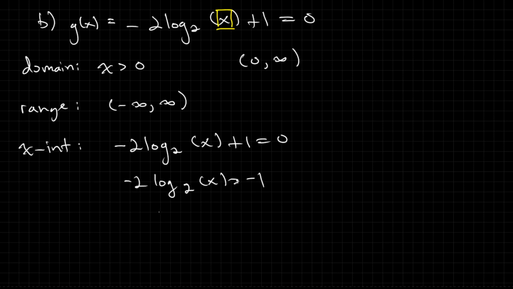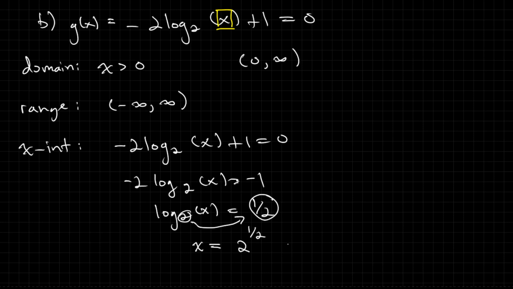And then dividing by negative 2, I get log base 2 of x equals 1/2. Finally, I can convert to exponential form, and I get that x is equal to, we'll move the base over to the right, 2, and what's on the right becomes the exponent, to the 1/2 power. And doing something to the 1/2 power is the same as taking the square root. So the x-intercept would be the square root of 2.